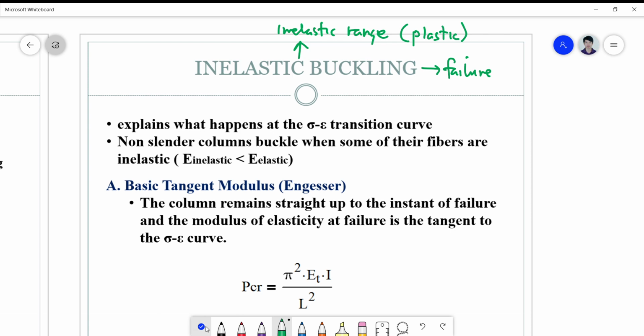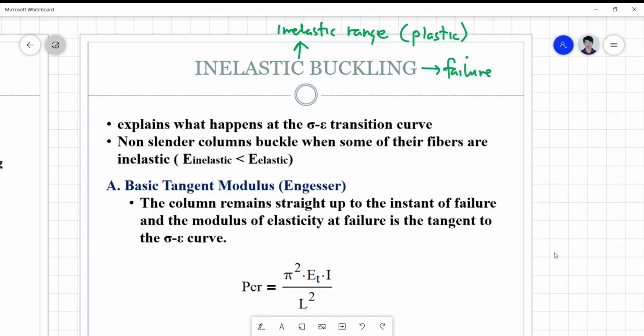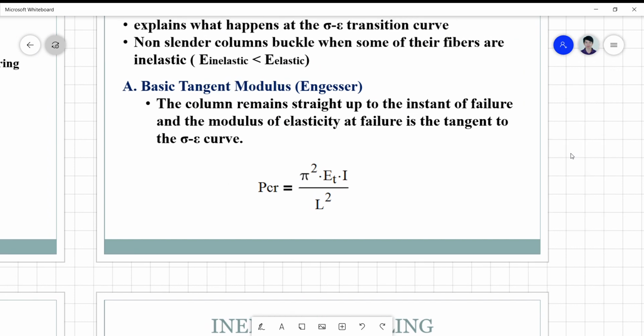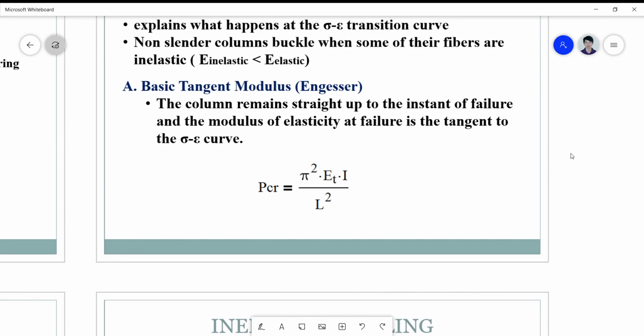So there are three theories that will explain to you how the basic column strength is achieved or is considered.